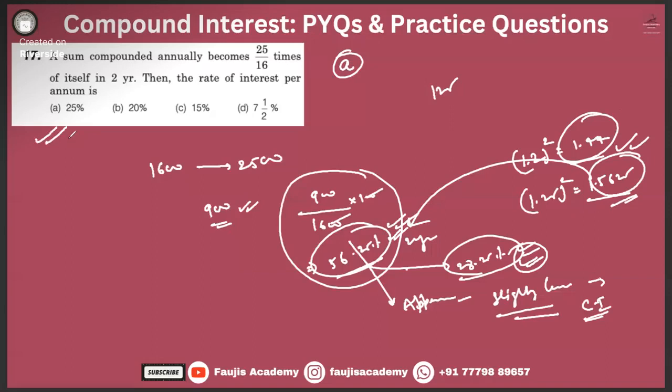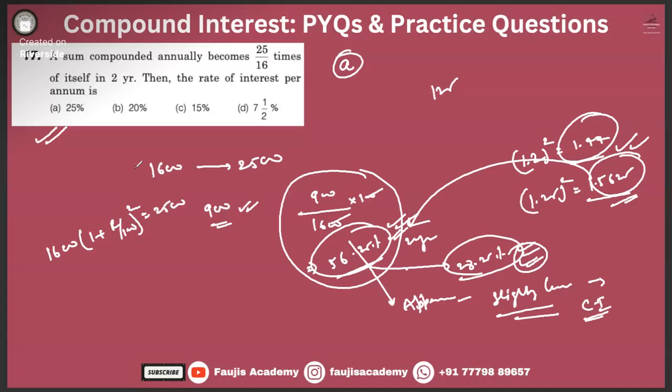We can also do it as P into 1 plus R by 100, the whole power 2, is equal to 25 by 16 P. Take 1600 into 1 plus R by 100 whole square.